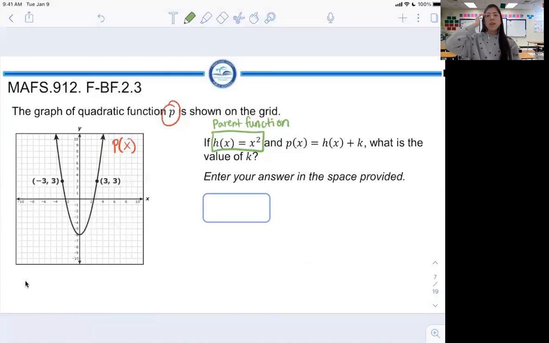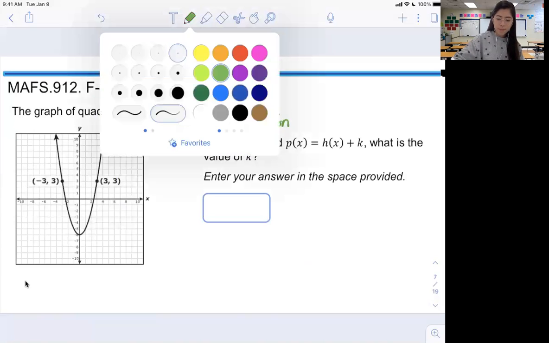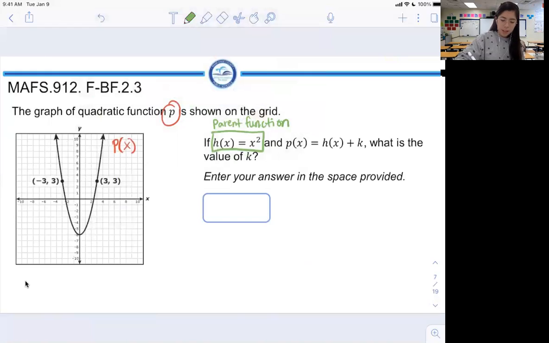Okay. All right. Since the parent function is the most basic one, I'm going to sketch it. The parent function lives on the origin like this. It's kind of like neutral in terms of how wide it is. So remember, we always compare things to the parent function.